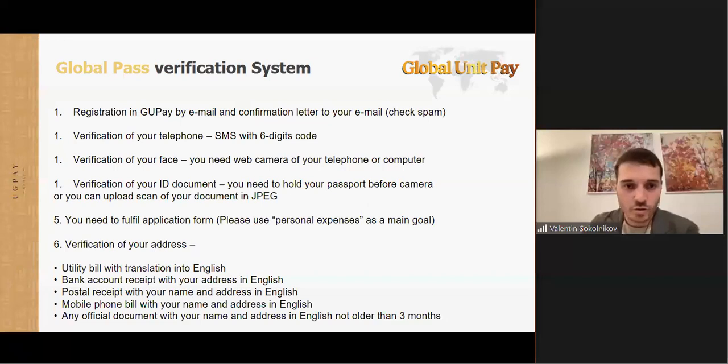But in our case, our payment system accepts large amounts of money. But you should understand that the source of their receipt is to be confirmed, that it is legal money, and the system enables you to do it.